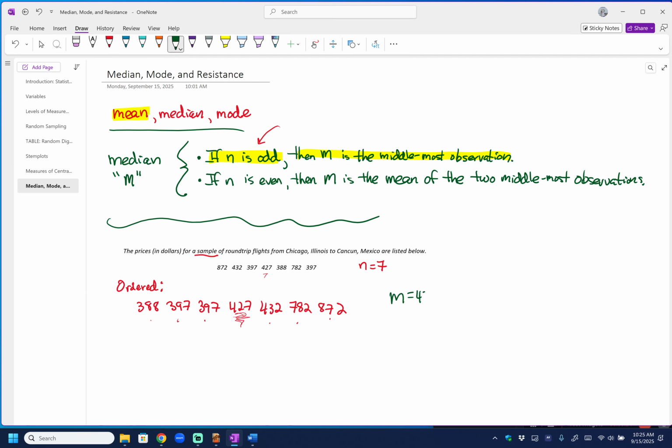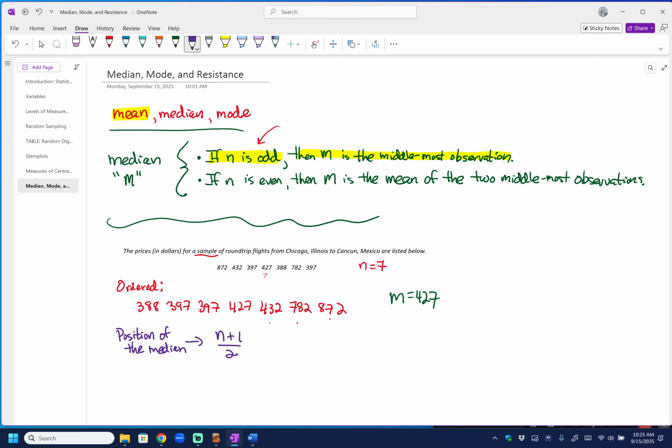Now, what happens when you get to a larger data set though, and it's not as easy to eyeball it? Well, it turns out that there is a formula to determine the position of the median that can be very useful. That looks like n plus 1 over 2. So what are you doing?